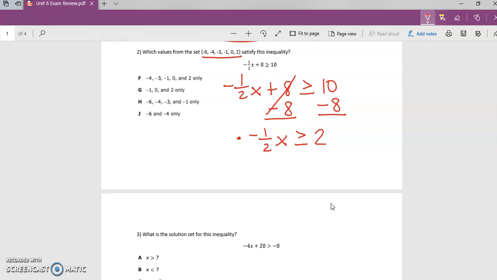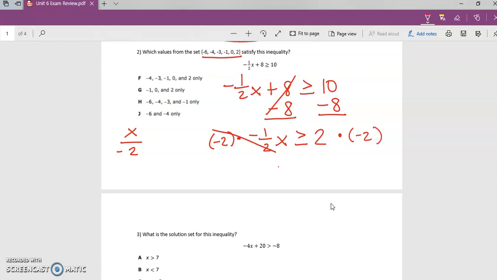This is the same thing as saying x divided by negative 2, because with the negative 1/2, the x would just go on top. So what's the opposite of dividing by negative 2? Multiplying by negative 2. That way these cancel, and I also have to multiply by negative 2 on this side.